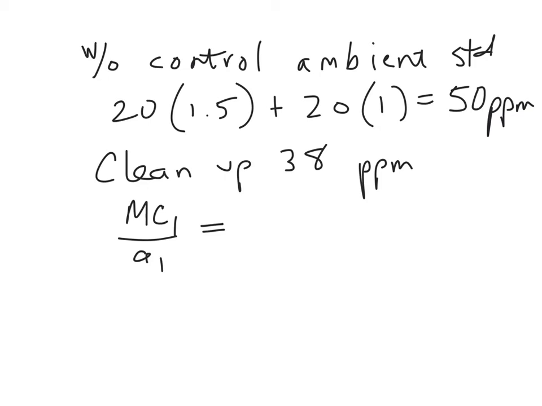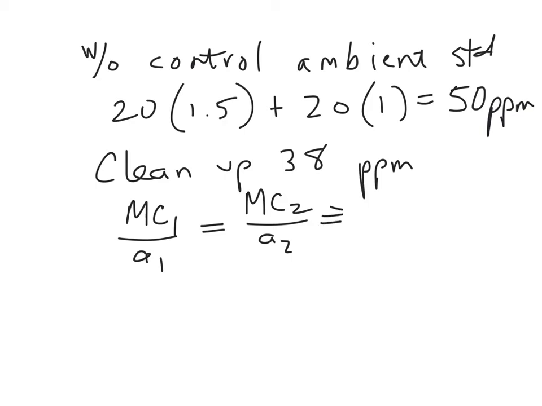So MC1 divided by A1 should be equal to MC2 divided by A2. That's the key to this problem. And I say it like, oh, that's all there is, but no. There's a lot to this problem. But that's the key relationship.